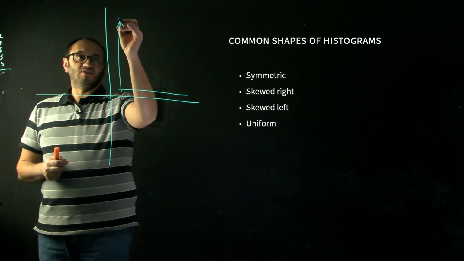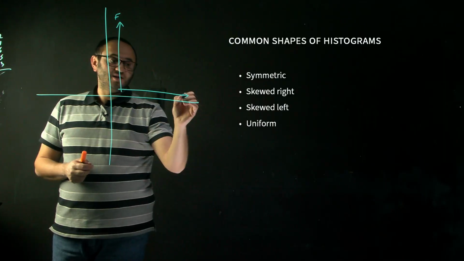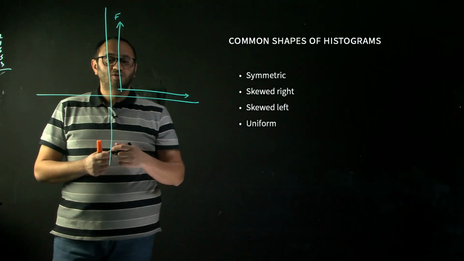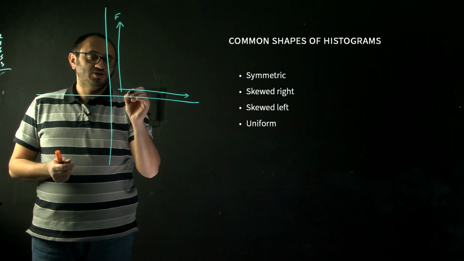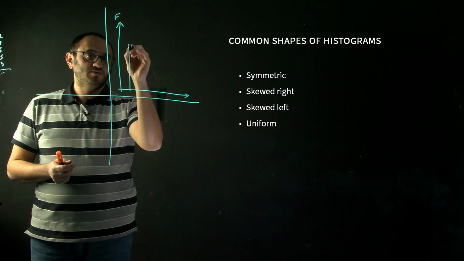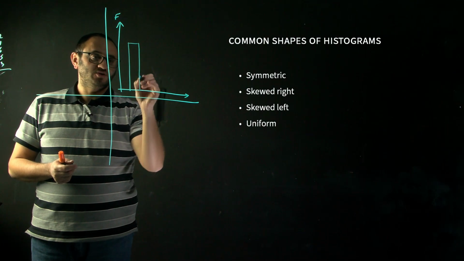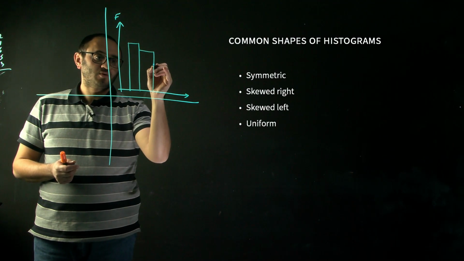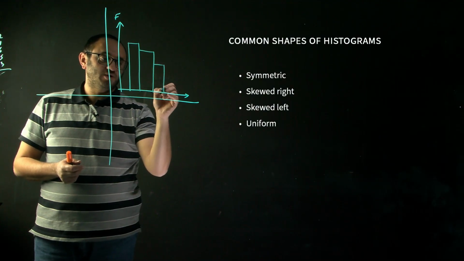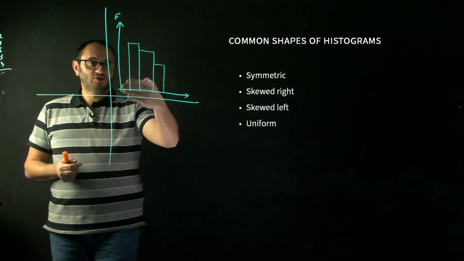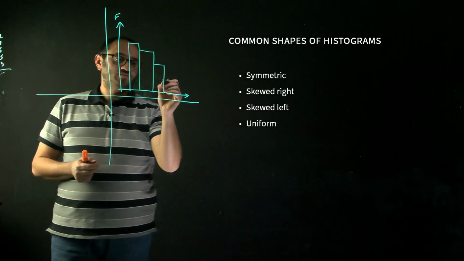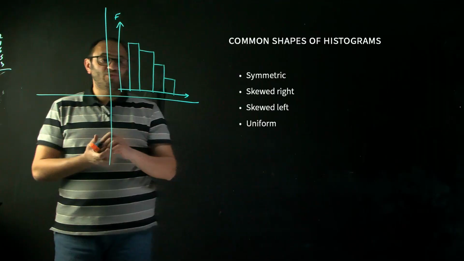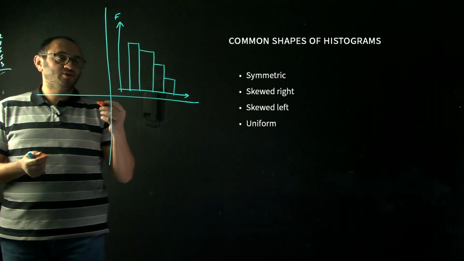Let's say y is the frequency and x is the number of students. So let's say you have intervals like this. These are your bars. In the histogram, the bars touch each other. So this is an example of a right-skewed histogram.